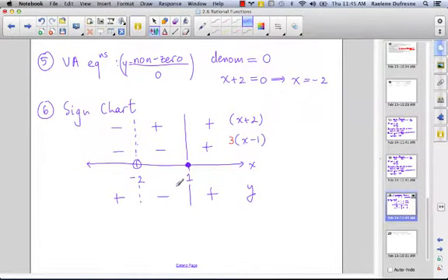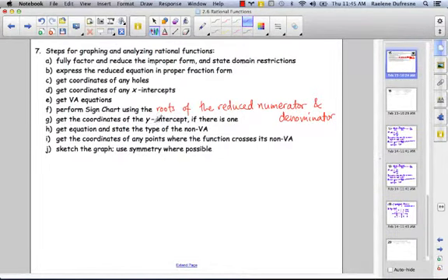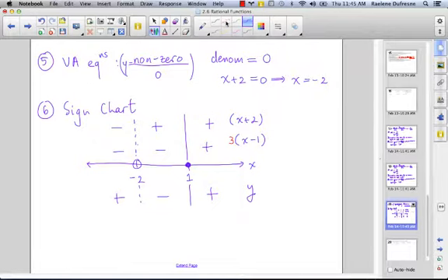From here, we can continue to build our graph from the sign chart by introducing the y-axis. So let's go back up to the steps. The steps say, get the coordinates of the y-intercept and get the equation and state the type of the non-vertical asymptote. So we're moving into the y information. I'm going to put the y-axis here at x equal to 0. I'm going to draw it longer than my other boundary lines.